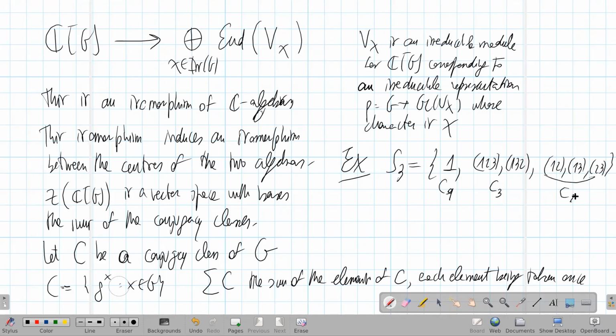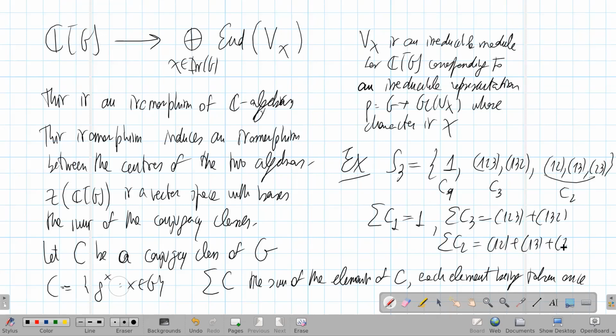And so the sum of C0 is simply 1, the sum over C1 is simply (1 2 3) plus (1 3 2), and the sum of C2 is simply the sum of these 3 elements. Okay? Where C is a class, a set, so the elements are not repeated.